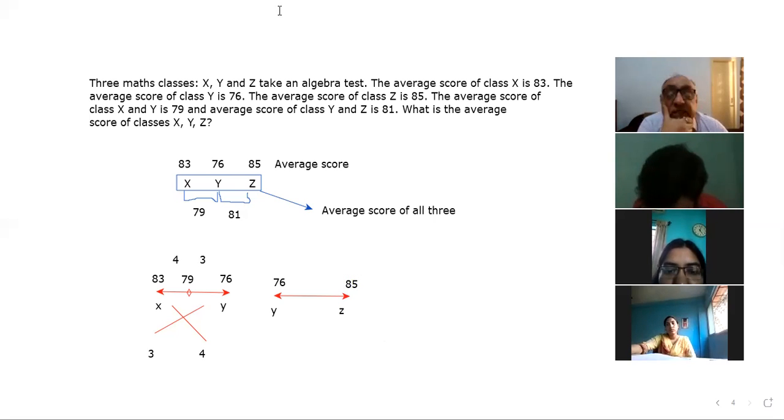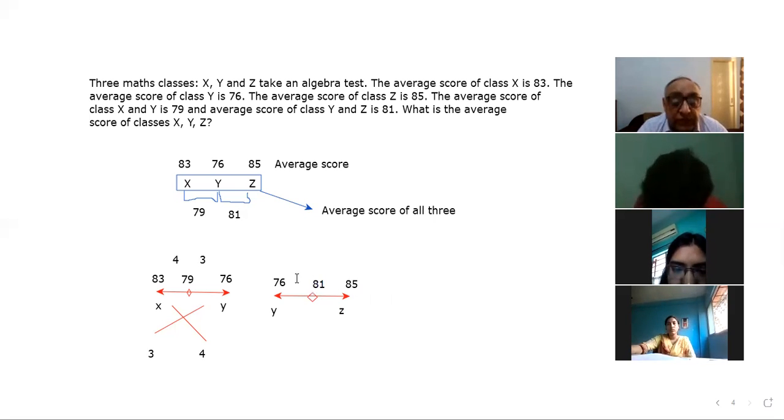Now 76 and 85. The average score of this Y and Z is how much? 81. Okay. So now what is there?